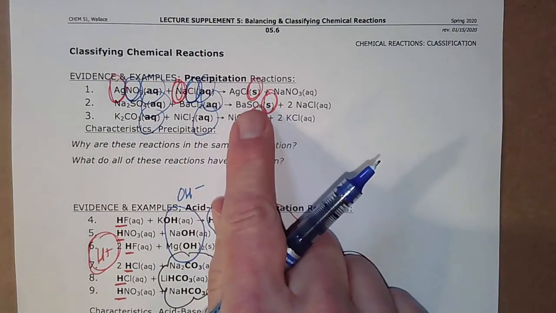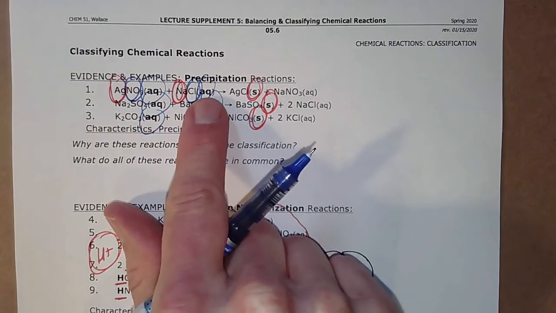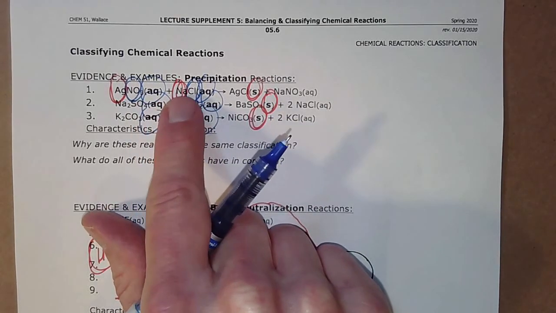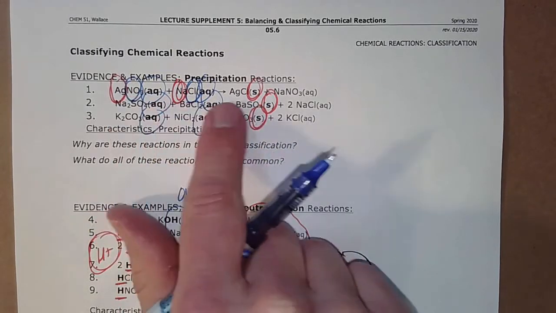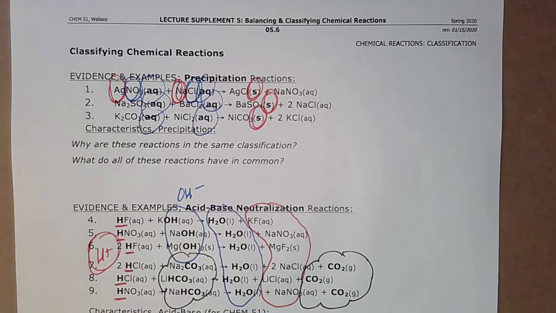And when I get over to this other side, I notice, oh, the silver is with chloride over here. The sodium, formerly with chloride, sodium is now with nitrate over here. So let's go to page 5.7 and summarize this.